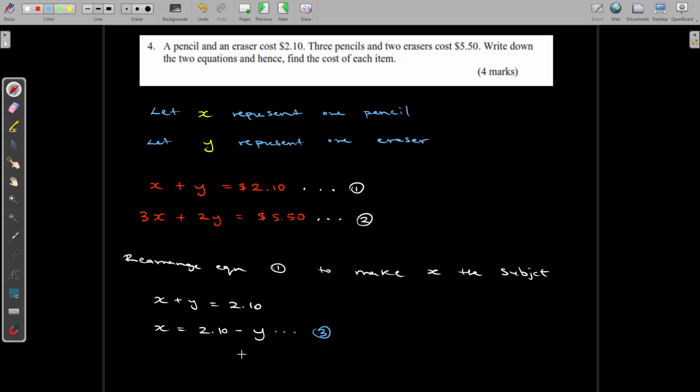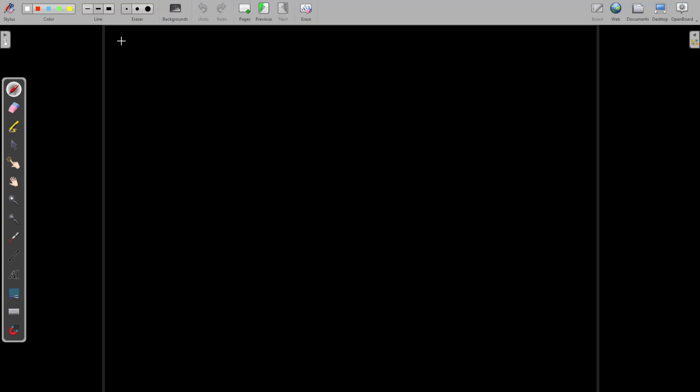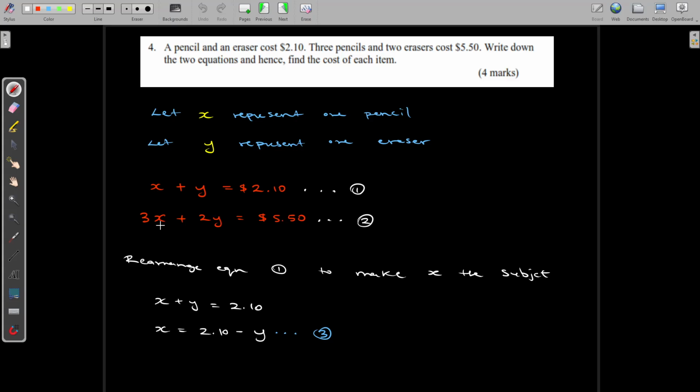Then the idea would be to substitute this into the equation we did not modify. So we're going to be substituting equation 3 into equation 2. So wherever we have x in equation 2, that's where we're going to be replacing with 2.10 minus y.